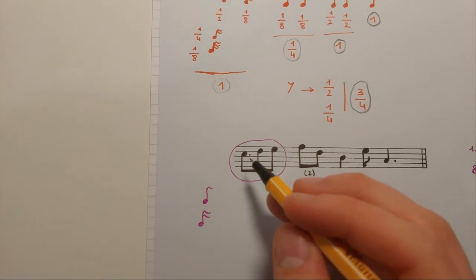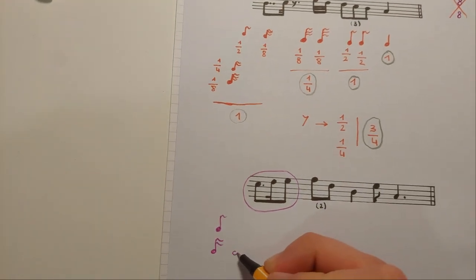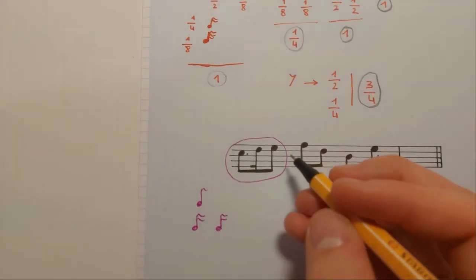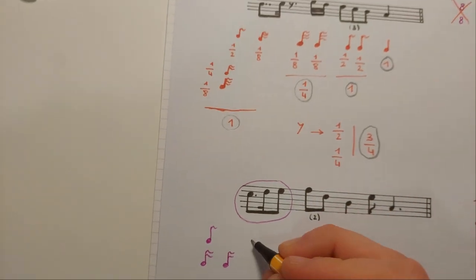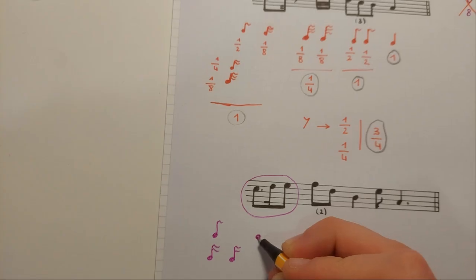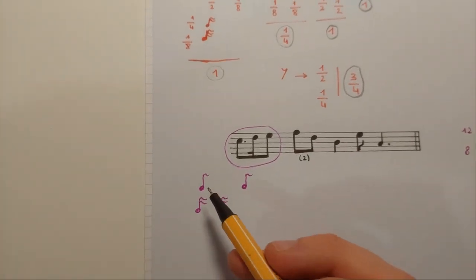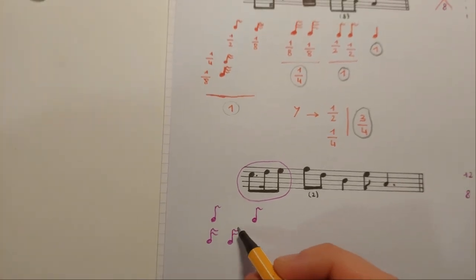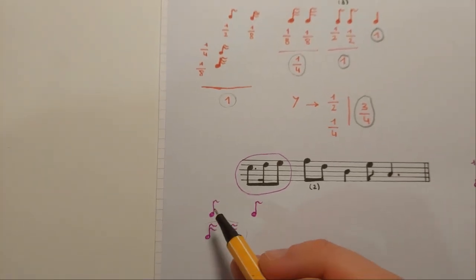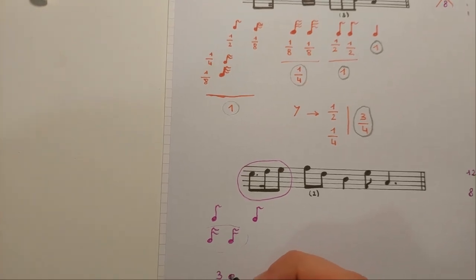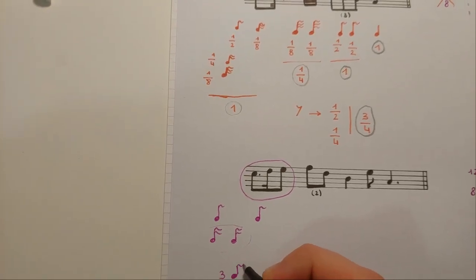Here we have 1 other semiquaver, and here we have 1 final quaver. So these 2 make 1 quaver, so we have 3 quavers.